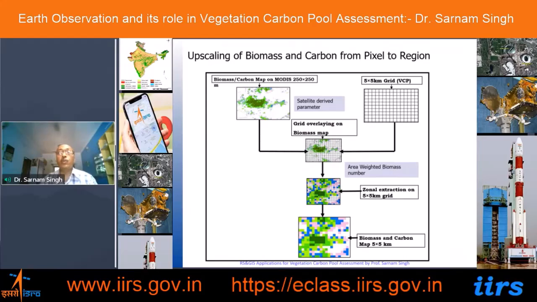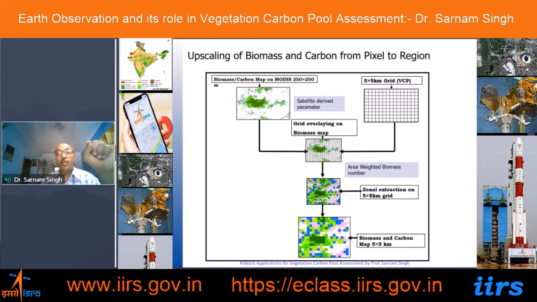This is another study which we did in the Surat district. We can lay a 5 kilometer by 5 kilometer grid on it, and then find out the area in each grid under each class, and how much biomass is there in each of these, and put that value in.